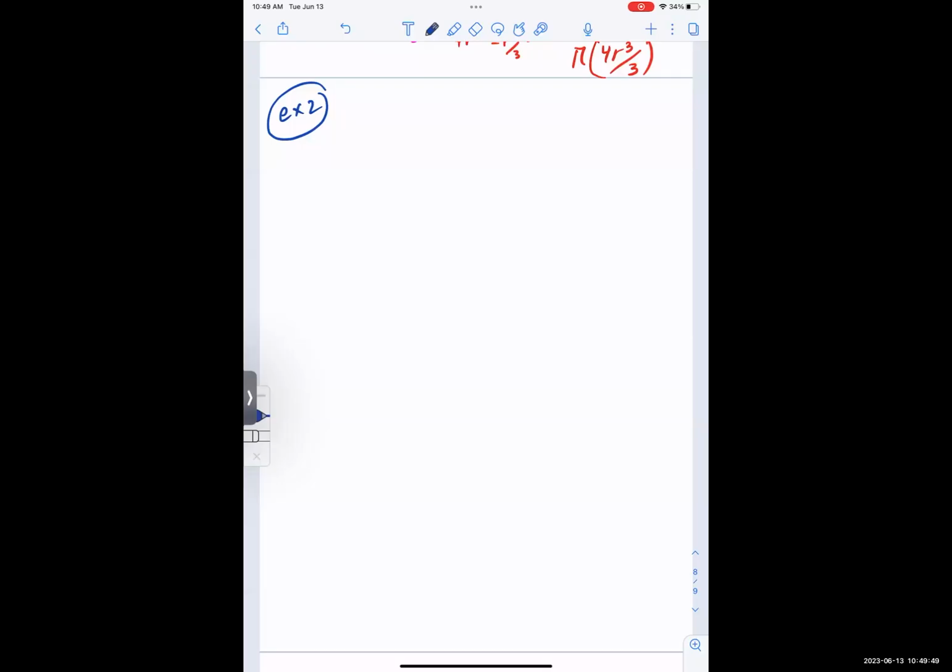So example 2, find the volume of revolving y equal to radical x minus 1 around, let's say our graph is bounded between y equal to radical x minus 1, y equal to 0, and x equal to 5.